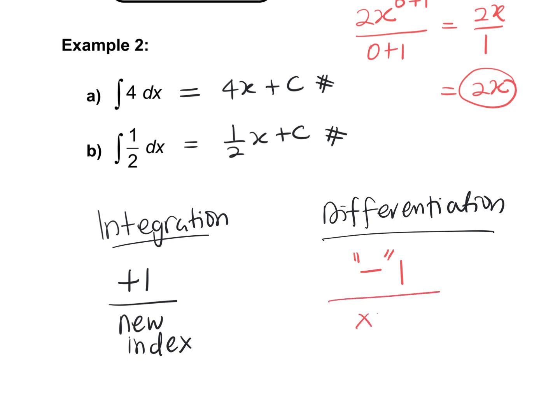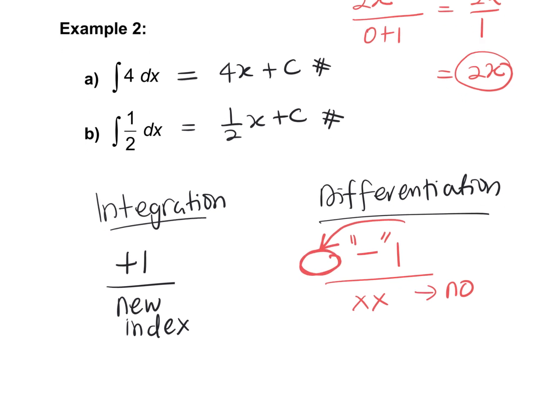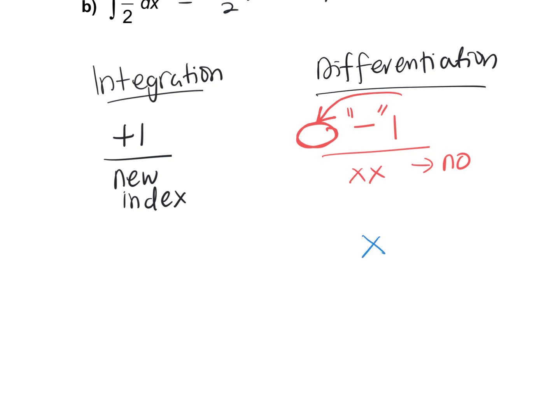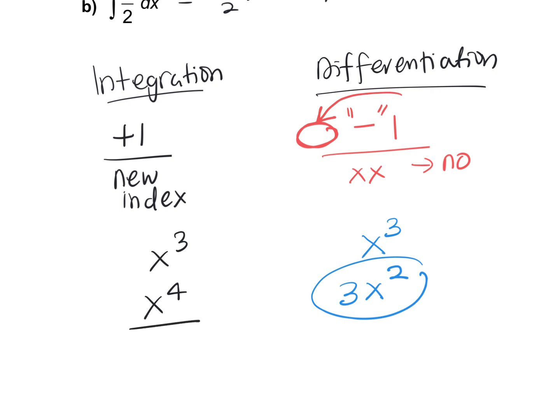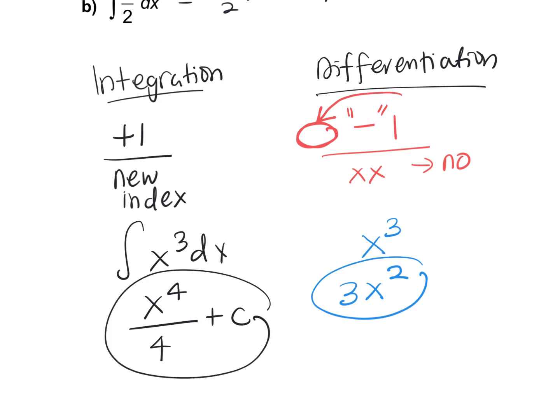But you don't have any division here. No, right? And you need to remember, you are going to bring the index notation to the front of the term. Okay. So, for example, if it is x to the power of 3, differentiation will give you 3x to the power of 2. But integration will give you x to the power of 4, because it is plus 1, divide with 4 plus c. Okay, so this is for integration and this is for differentiation.